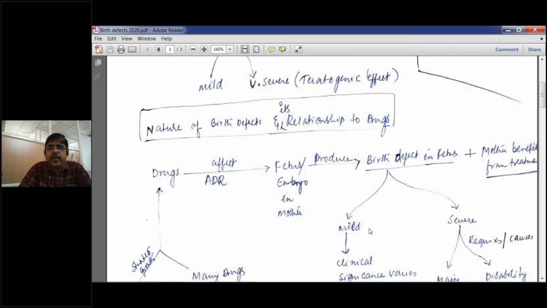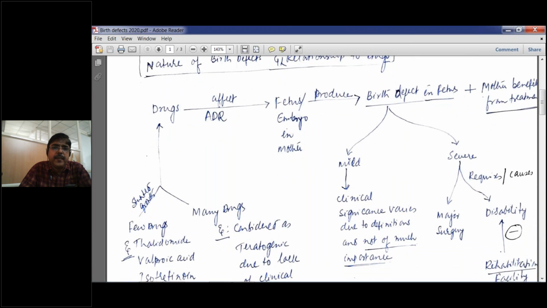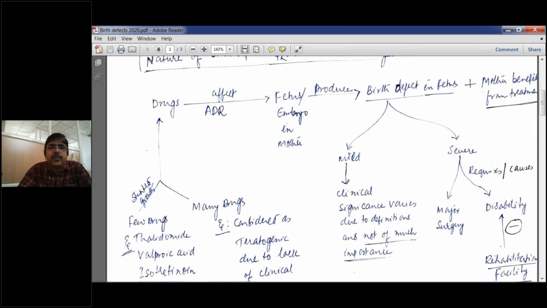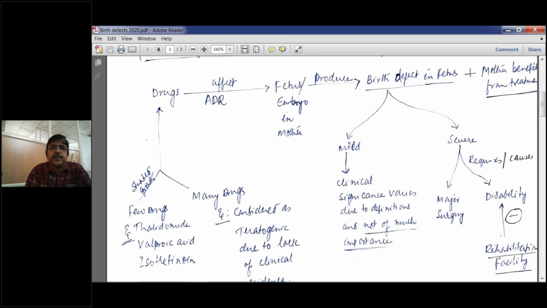Let us move one step further to know what type of drugs basically produce the effect and what can be done in such cases, and how they are related to different drugs.